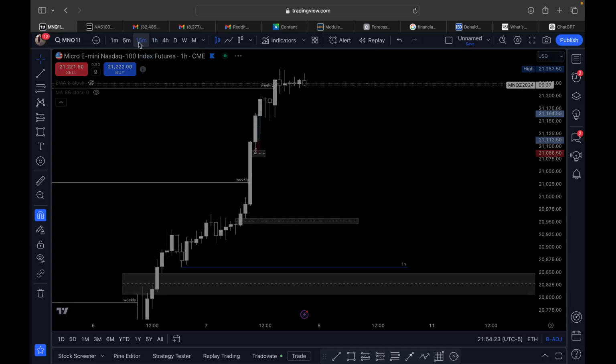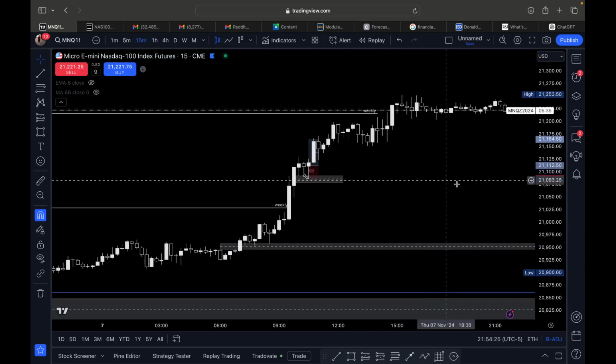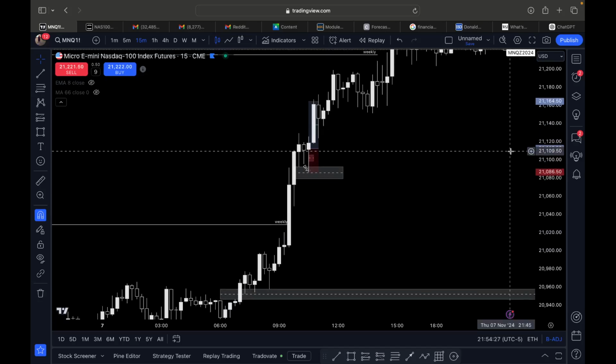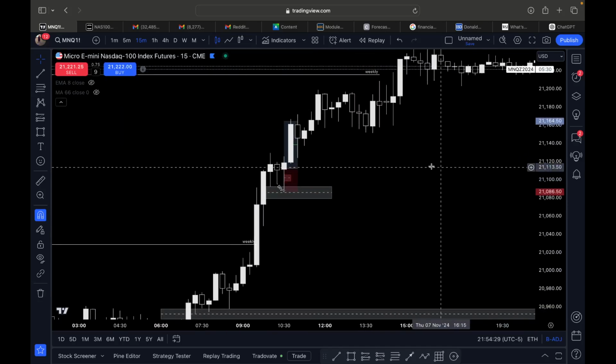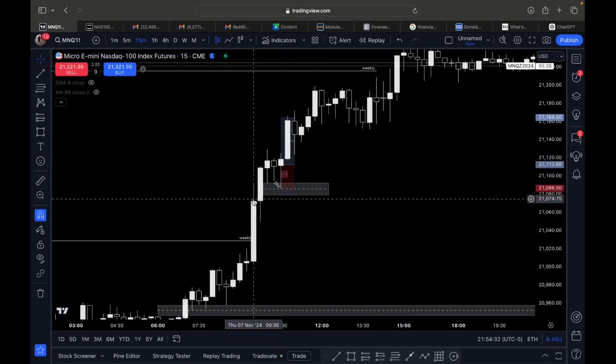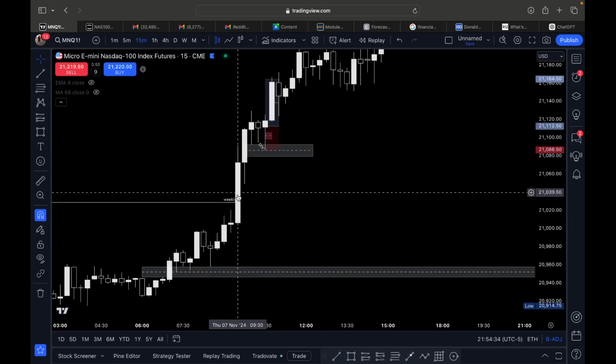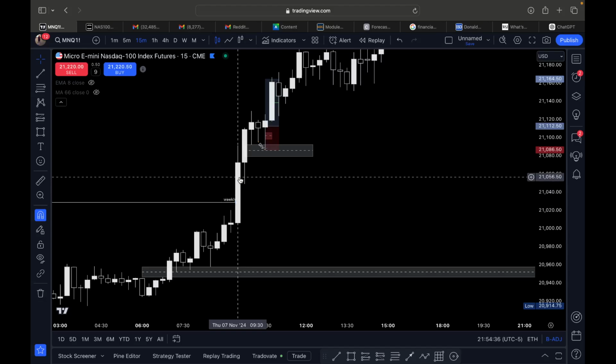My solution is to go to the lower time frame and possibly be open to a continuation trade. On the 15 minute, I saw this here, which lined up with the 1 hour we were looking at prior on the higher time frame.